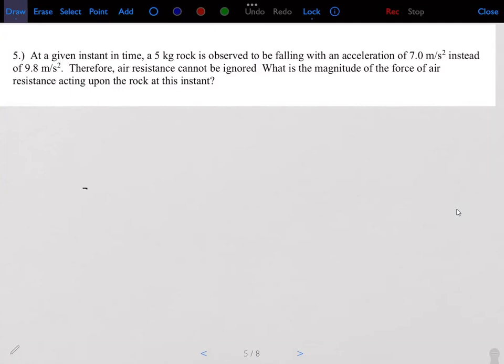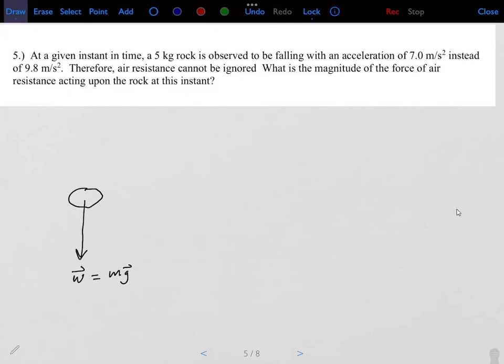So here's my rock. And certainly the weight is acting. And if that were the only force acting, then it would be accelerating at 9.8 downward, right? If you assume no air resistance. But in this case, we're assuming there is air resistance.